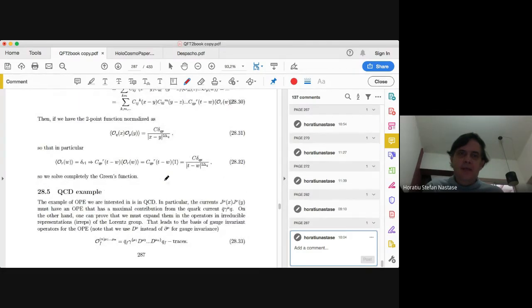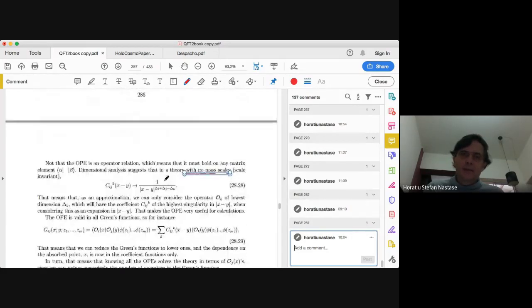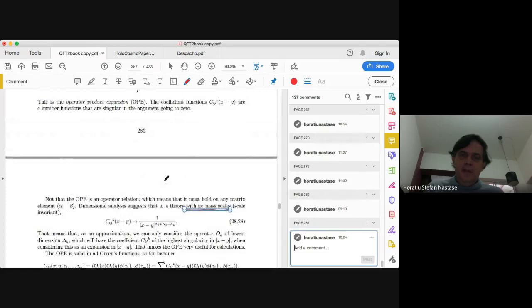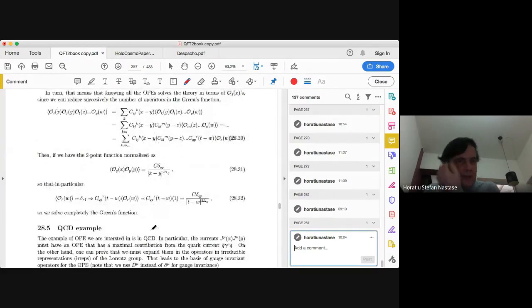So that means that the coefficient functions at very small x minus y are completely known, even in a theory with mass scales.